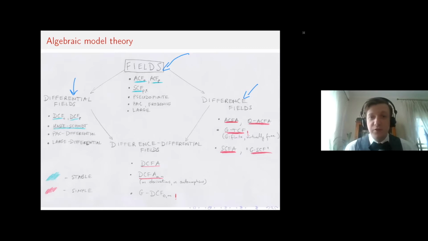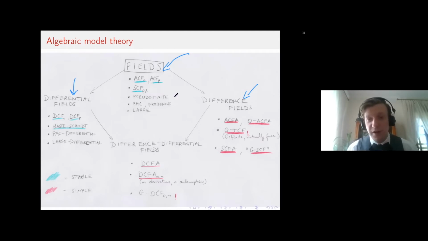Pure fields: the main examples are algebraically closed fields of characteristic 0 and p. Then you have separably closed fields of characteristic p and Ershov degree e, which means that such a field has a p-basis with e many elements.